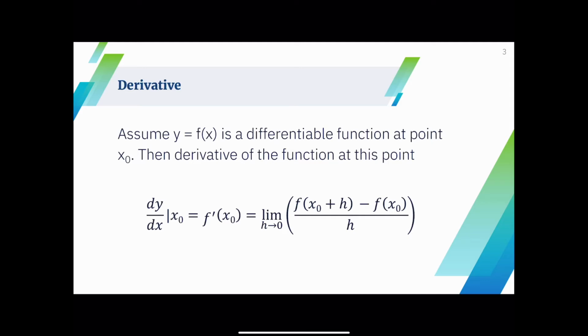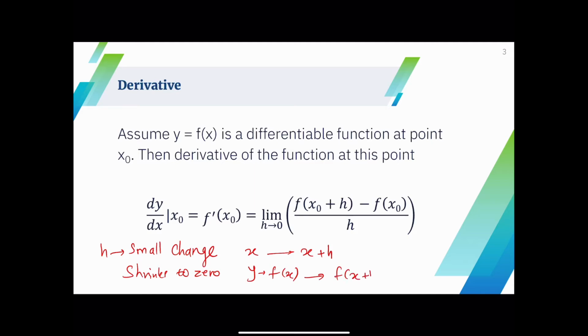So what is meant by h? h is a very small change which tends to 0 or shrinks to 0. So x changes from x to x plus h, very small change, and y changes from f(x) to f(x plus h).